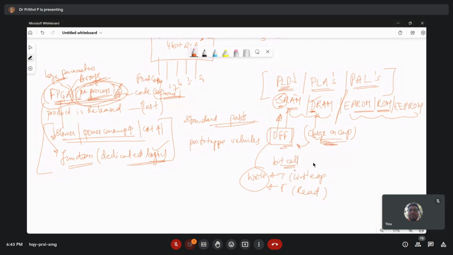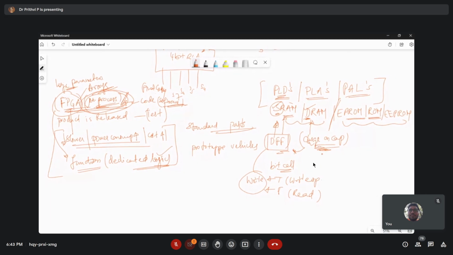DRAM will have the capacity to store 4 times more than SRAM because the size is much smaller than a D flip-flop. That is one typical advantage between SRAM and DRAM.